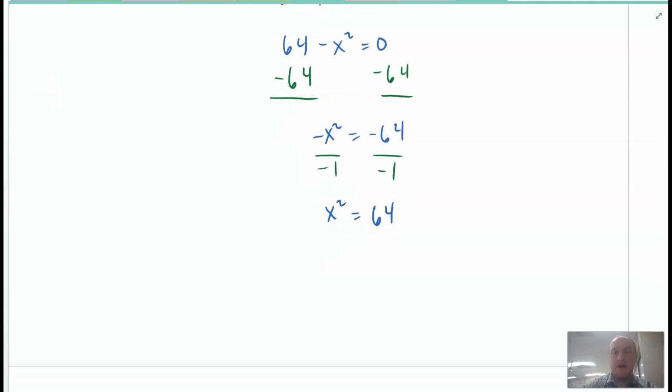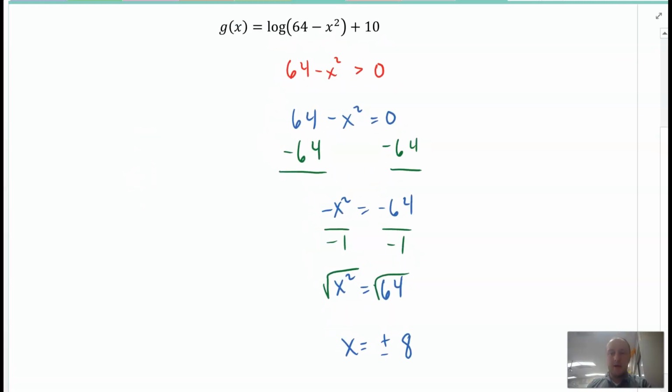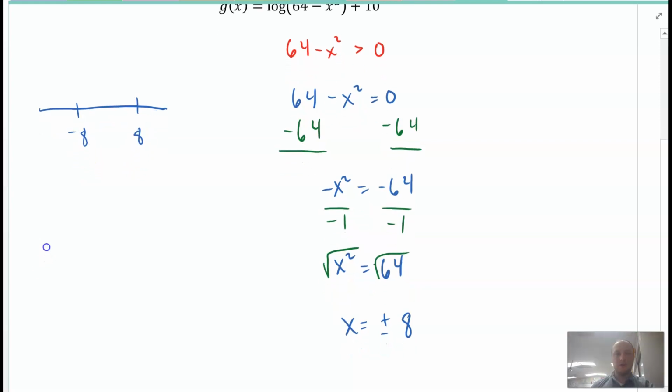And then we'll take the square root of both sides, giving us x is equal to plus or minus 8. Okay, so what I've solved for, these are the critical numbers. These are where the argument is equal to 0. So again, we'll draw a number line, negative 8, 8. So here are our critical numbers.